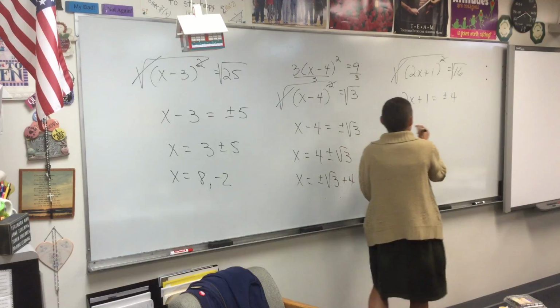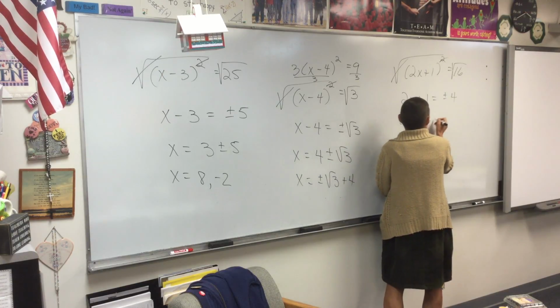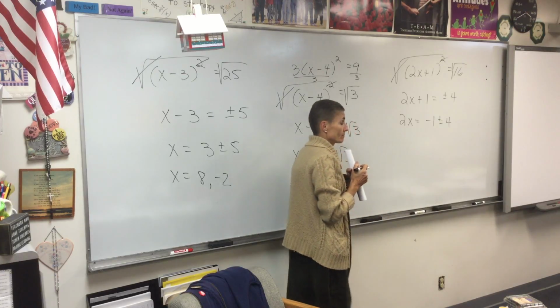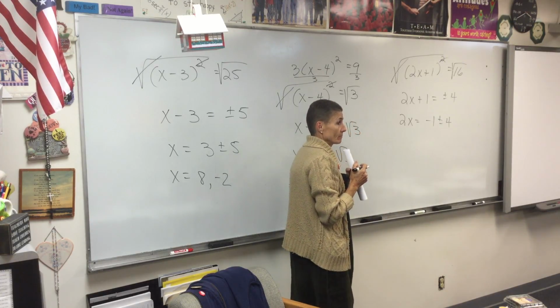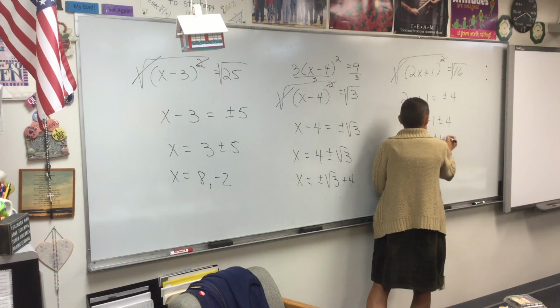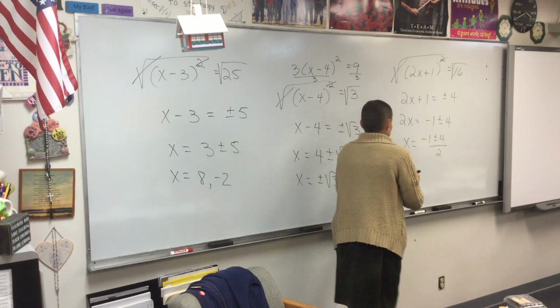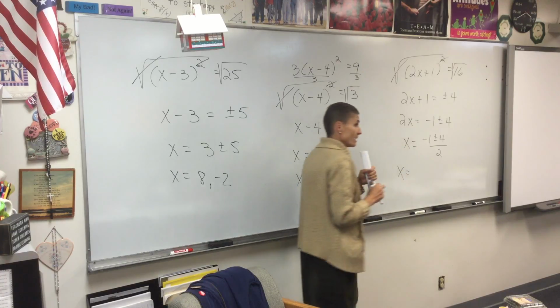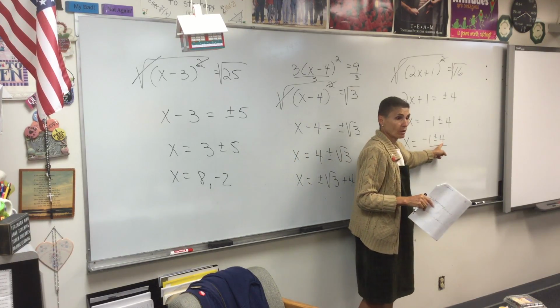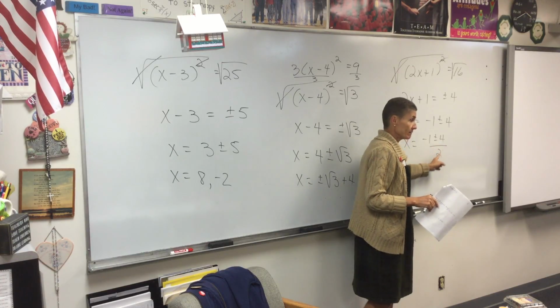We have to solve this like always. So we're going to subtract 1. And then we're going to divide by 2. Would everybody agree with that? Now you need to simplify that. So 1 at a time. Negative 1 plus 4, 3 divided by 2.